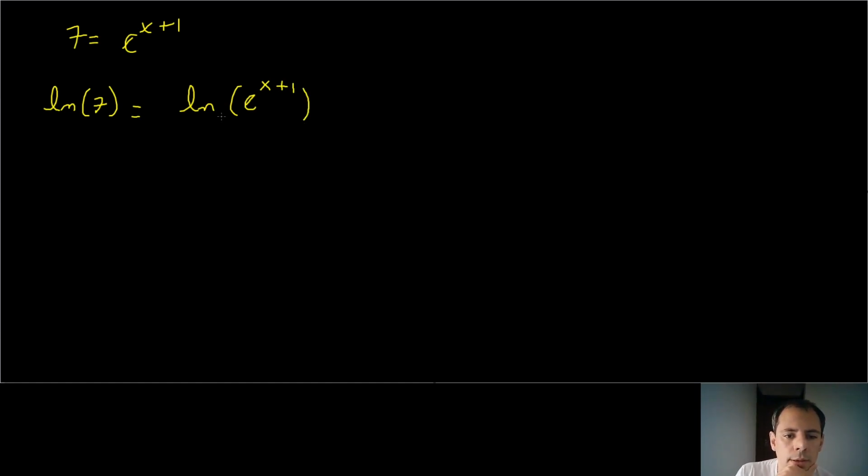Now there's a property, guys, that says if you have the log on the base b of b raised to a, this whole thing equals a. Here, because it's a natural logarithm, the base is e.